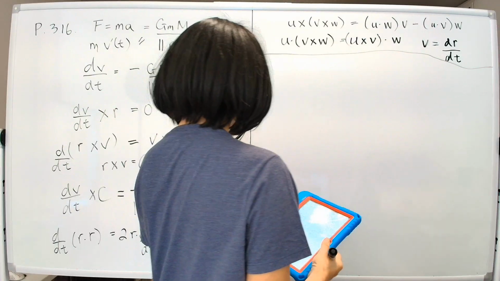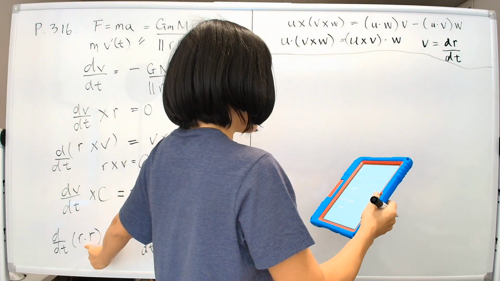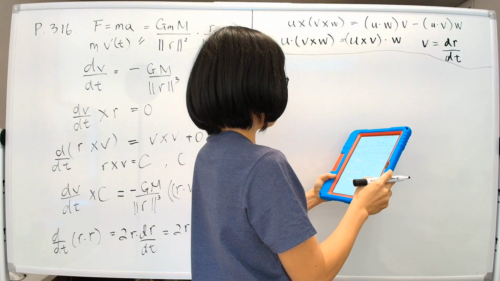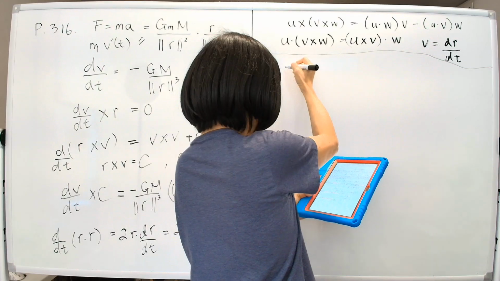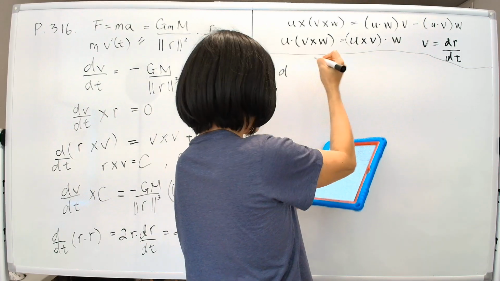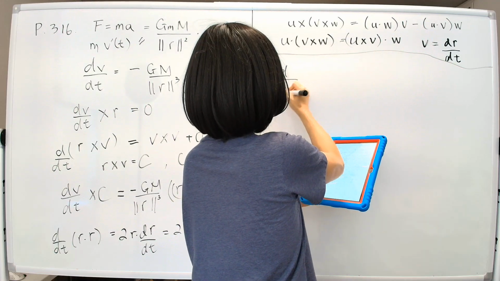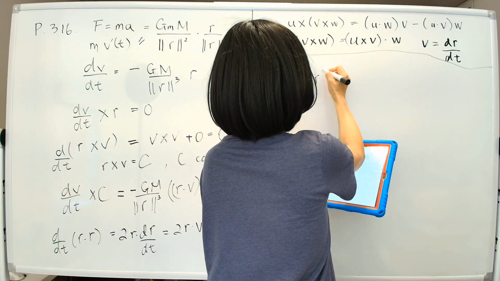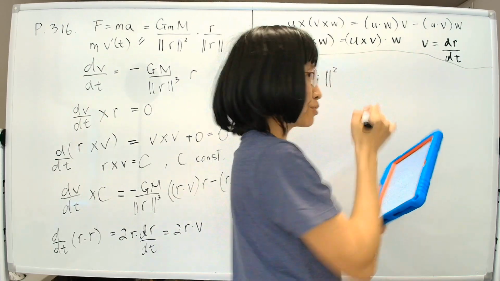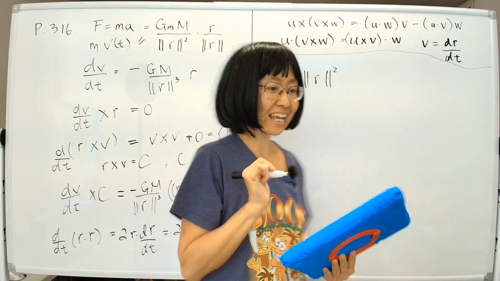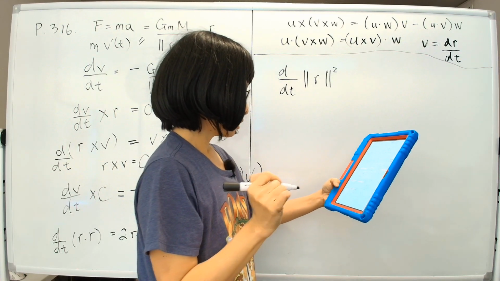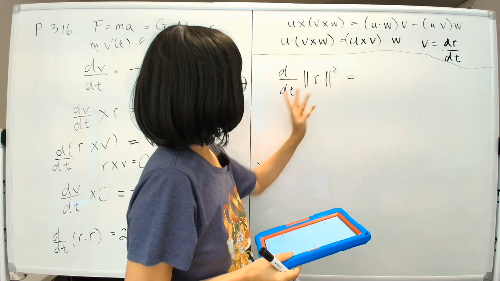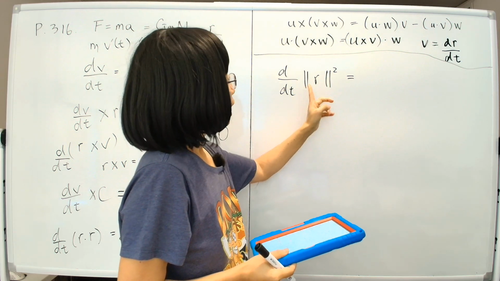So then let's write down the derivative of that. d by dt of the magnitude of R squared, which is R dot R, is equal to, now we're going to apply the chain rule. We've never actually done that directly before, but the concept is simple.